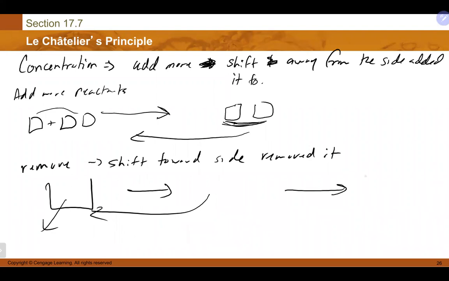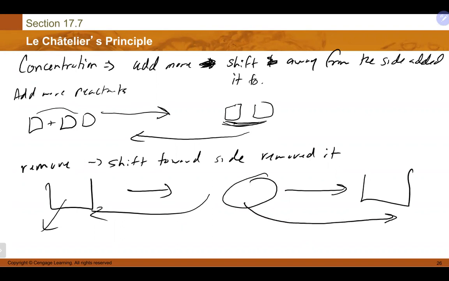Same thing if you remove some products. Once again, you have a hole on that side and more reactants in this case, and that would cause the forward direction to occur to fill the hole, if you want to think about it that way. So when we do remove, again, it always goes towards whichever side that you remove. So clearly, when we look at a beaker or test tubes like you did yesterday, there really is no left side of the test tube, right side of the test tube.